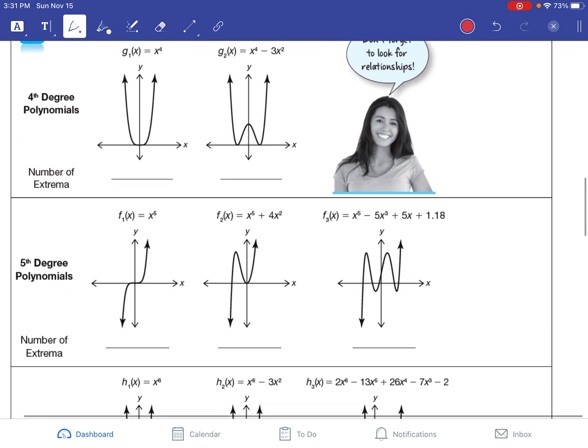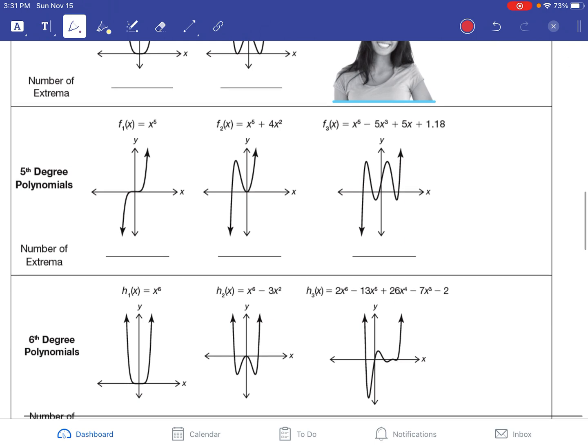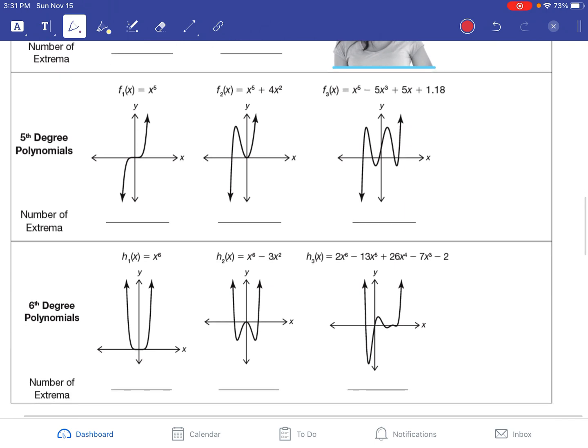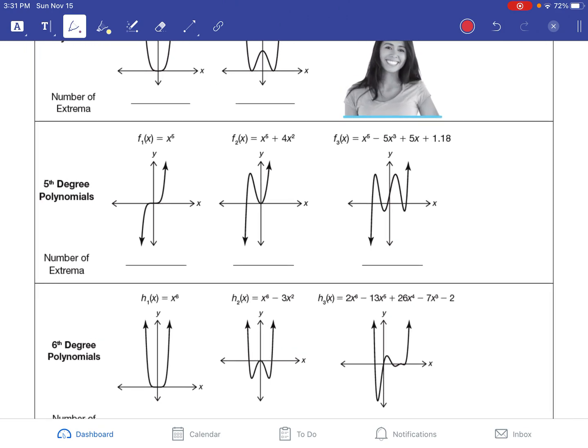I'd like you to take a moment, pause the video, and do these next 3 things, the 4th, 5th, and 6th degrees. Write down the extrema you can find when you circle them, and then we'll come back.